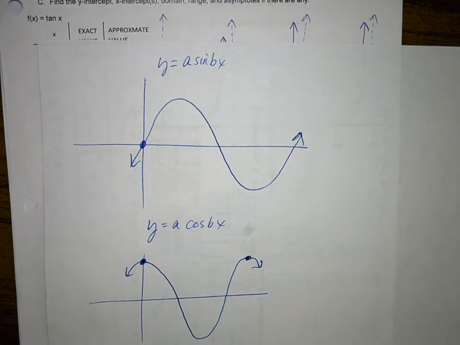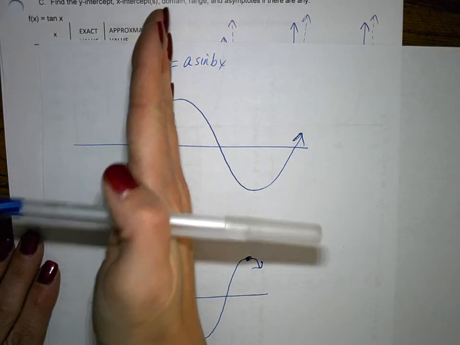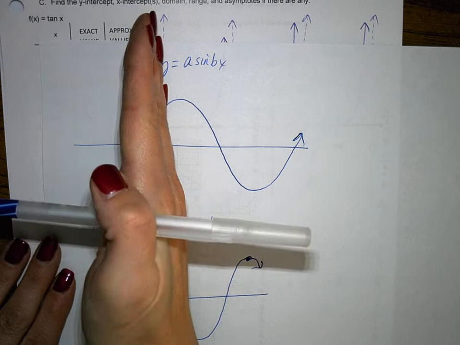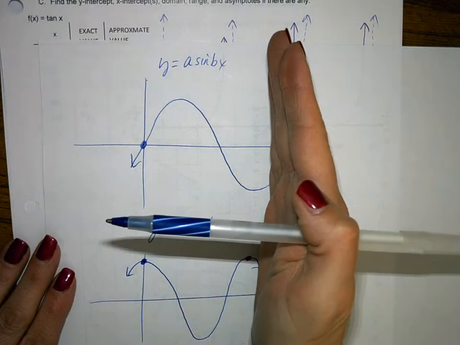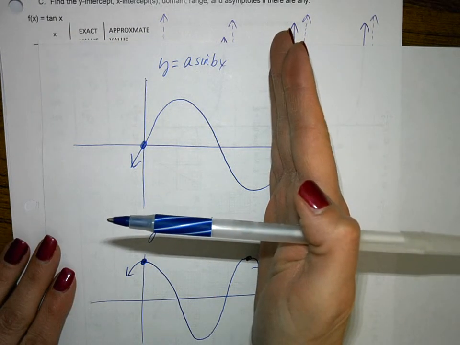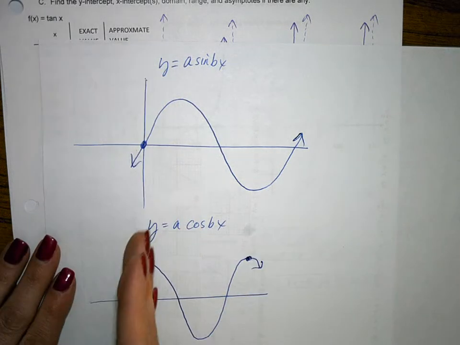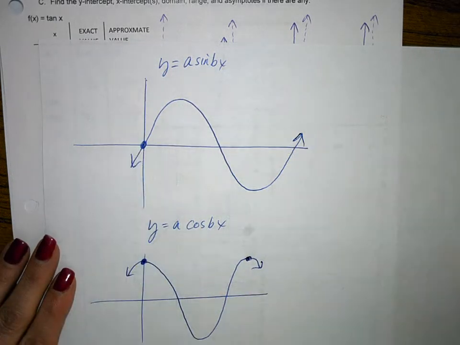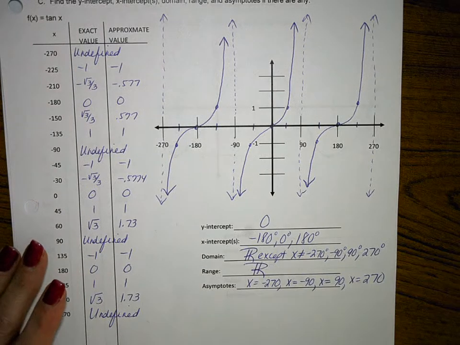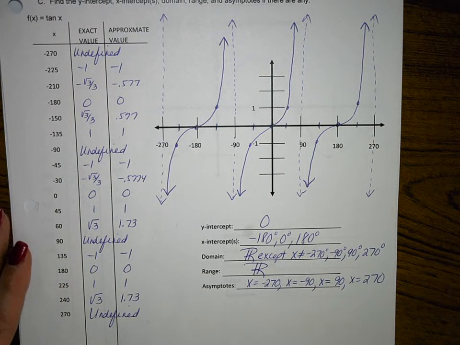Now, the reason I quickly drew these is I want you to realize that for sine and for cosine, we start at the y-axis, and our first cycle is to the right of that y-axis. Does that make sense? But what do you notice about tangent?